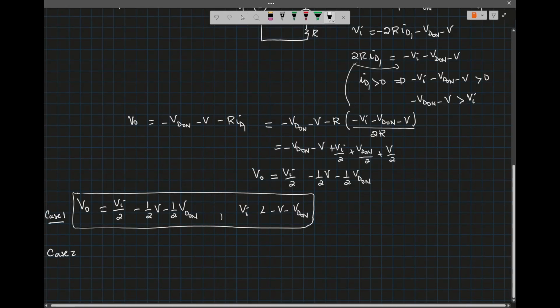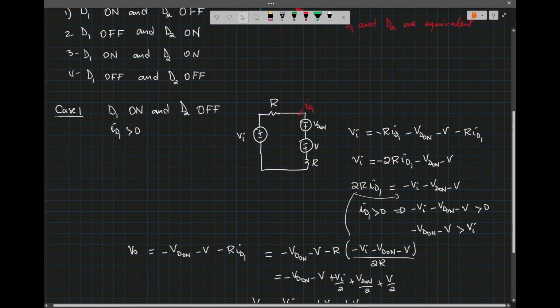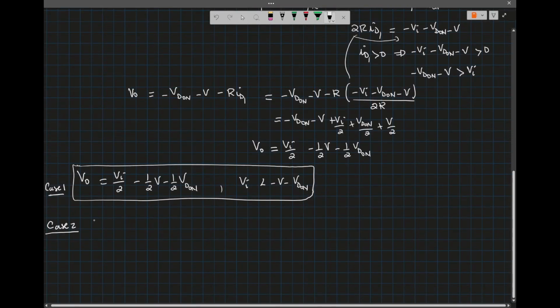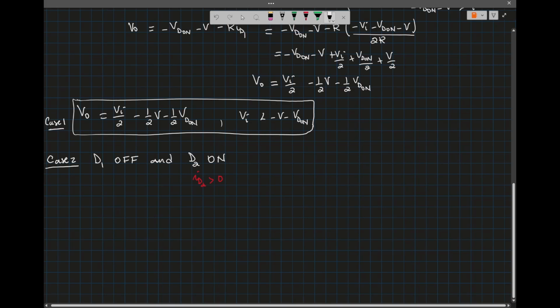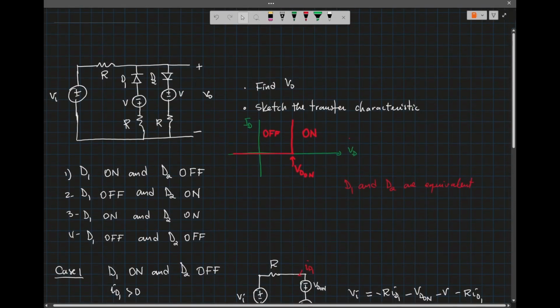Now case 2. For case 2, what do we have? D1 is off and D2 is on. D2 on means ID2 must be positive. In that case, I'm going to draw the network. So we have VI and I have the resistor R. Now D2 is on.